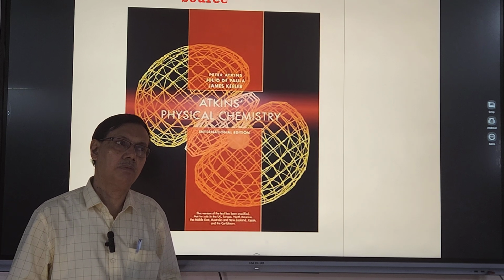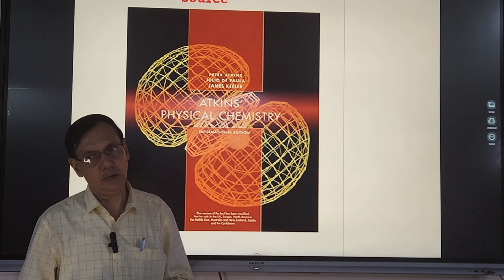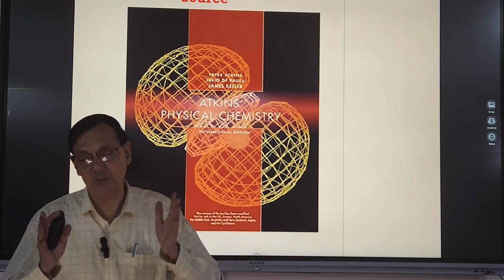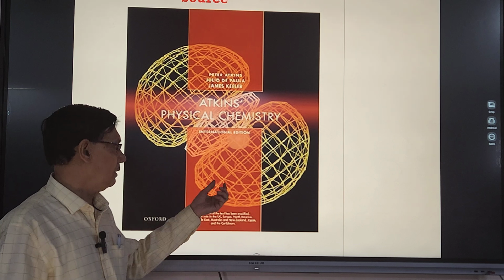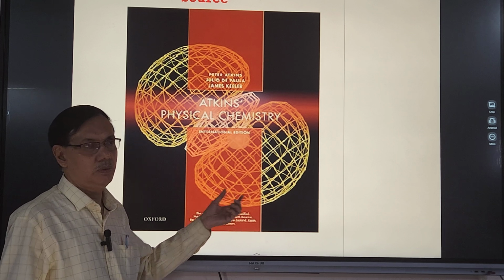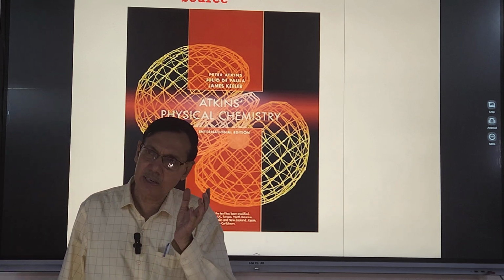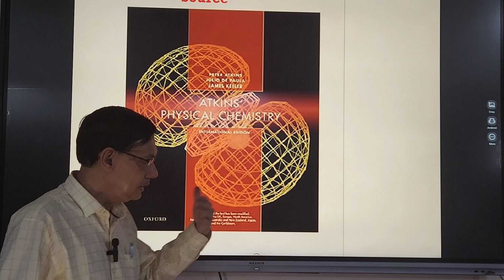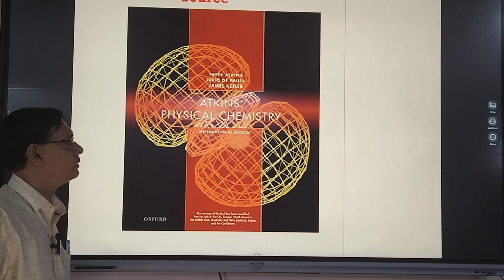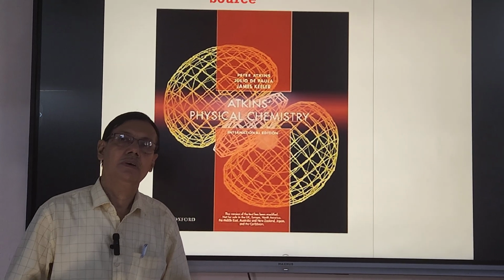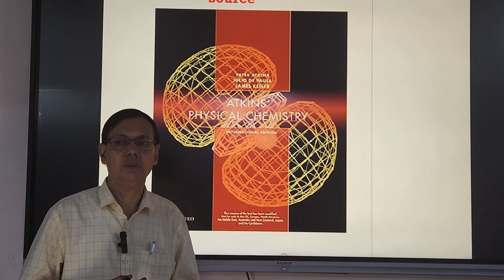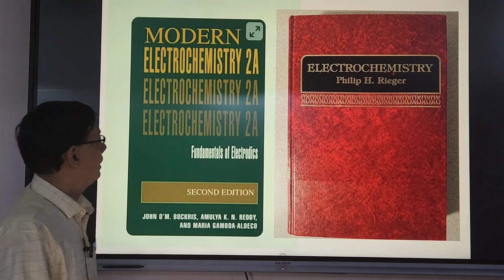So for the derivation of the Butler-Volmer equation also, you can rely on this book, because there may be slight differences actually. I will show you if you see the literature and research papers and other things. So there should be no confusion about this Butler-Volmer equation or the Tafel plots and other things.